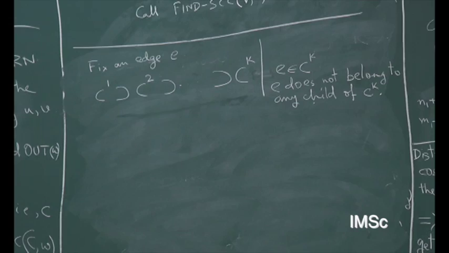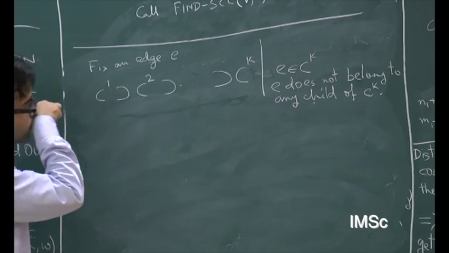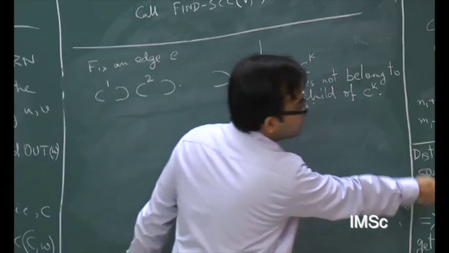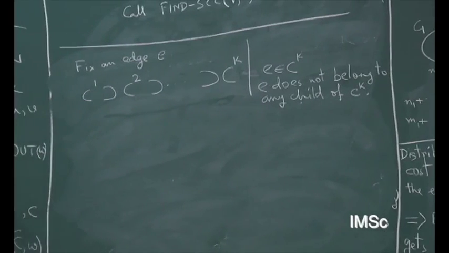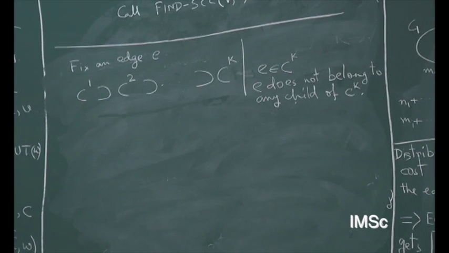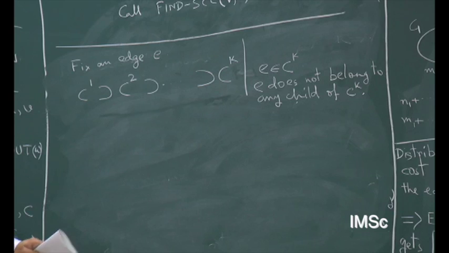Now, can anyone tell me from this analysis what is the total number of tokens that E receives due to this algorithm?